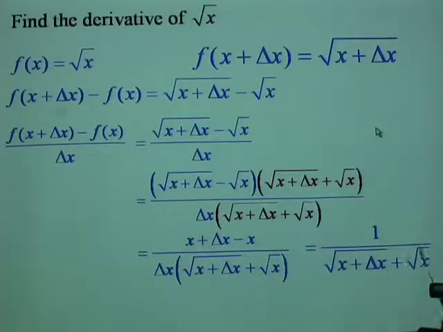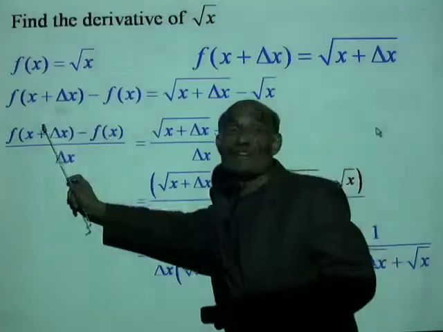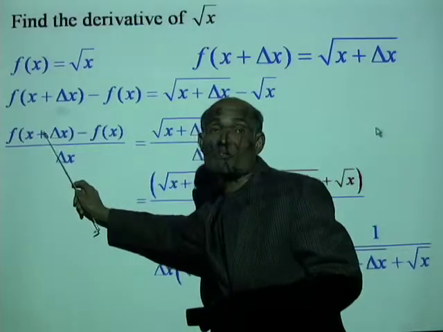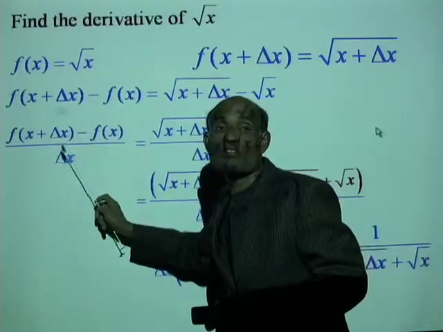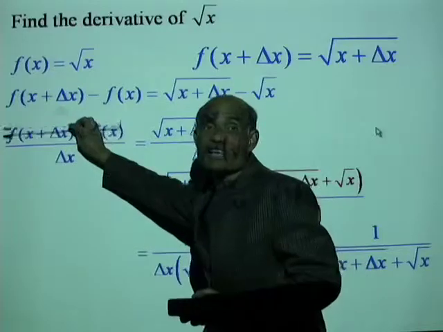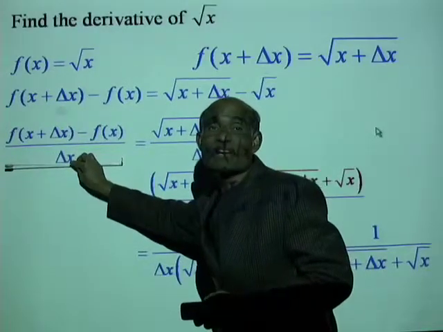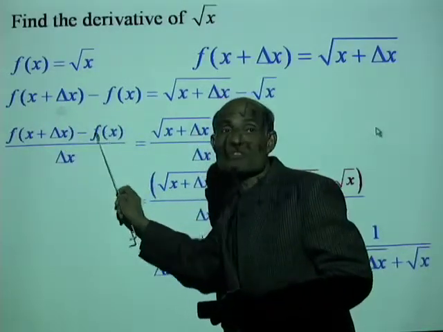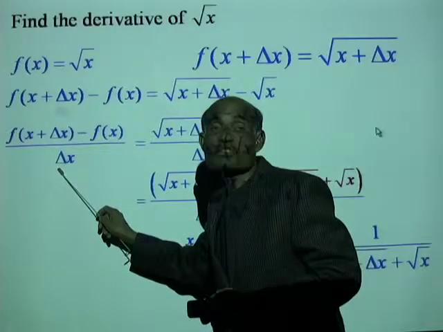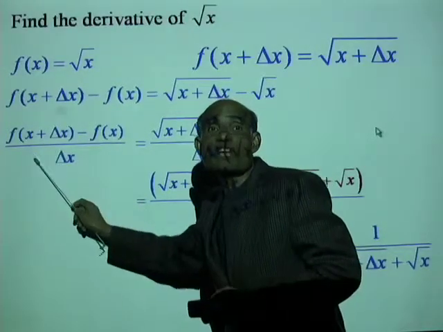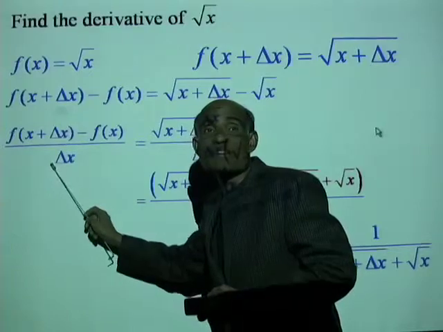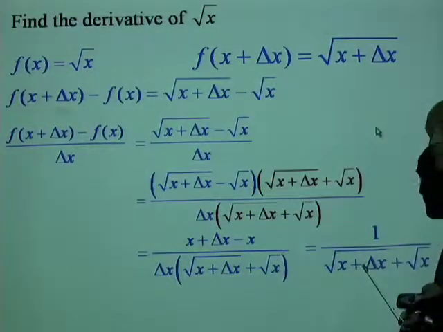And what is this quantity again? It is f of x plus delta x minus f of x over delta x, the delta y divided by delta x. Change in the function value divided by the change in the input. This is the average rate of change in this interval here.